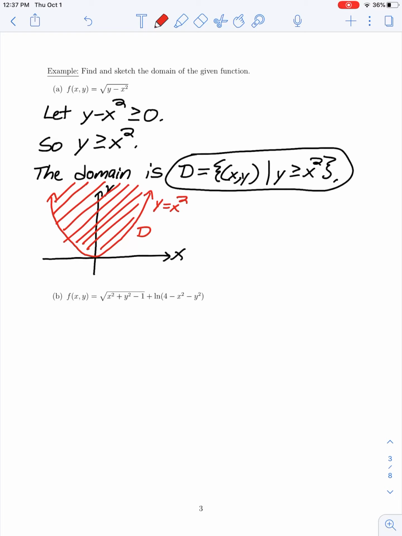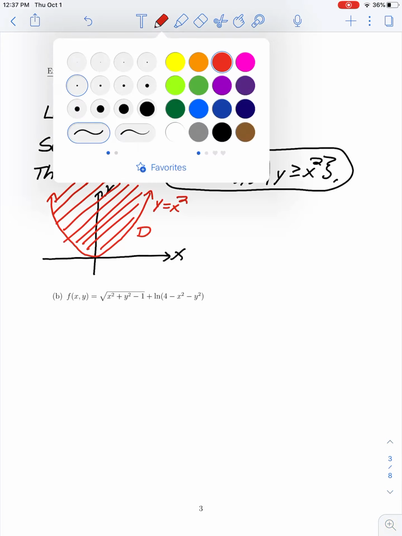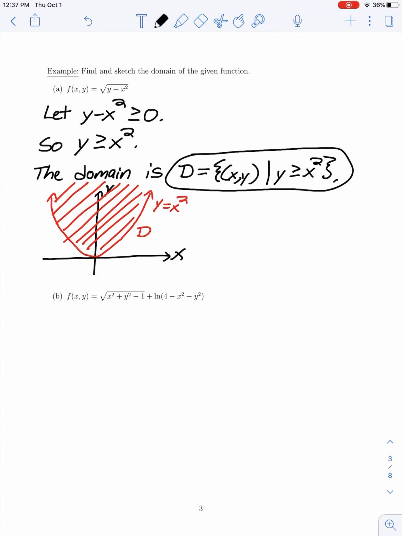Now in part B, we have the function f of xy is the square root of x squared plus y squared minus 1, plus the natural log of 4 minus x squared minus y squared. So let's start by finding our domain. So for this function to be defined as a real number, first off, the expression under the radical, x squared plus y squared minus 1, has to be non-negative.